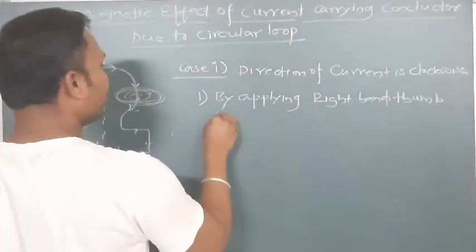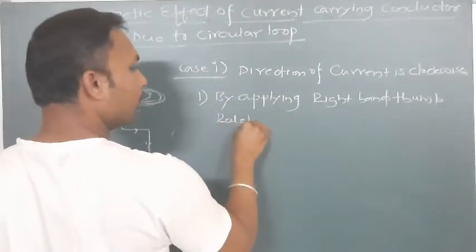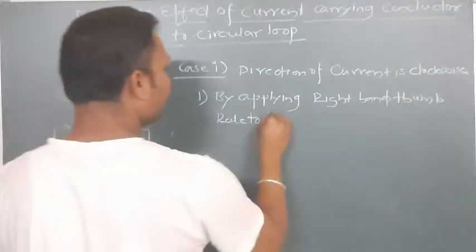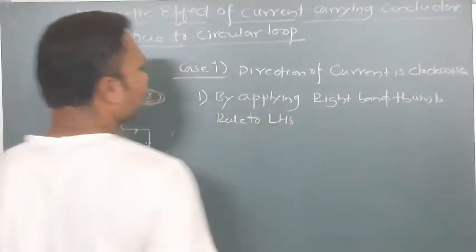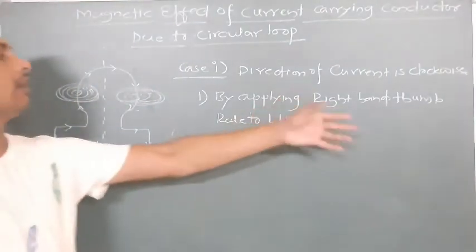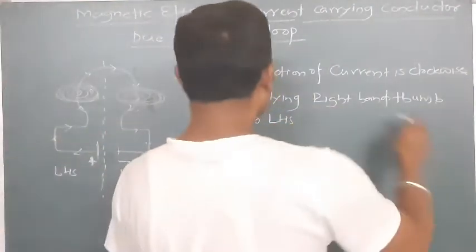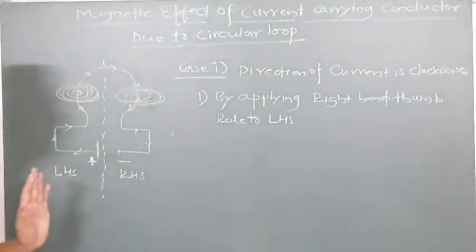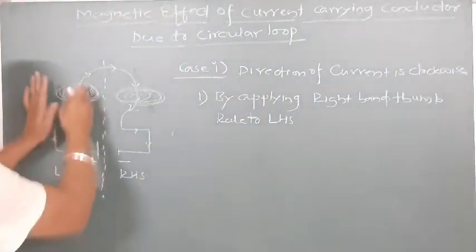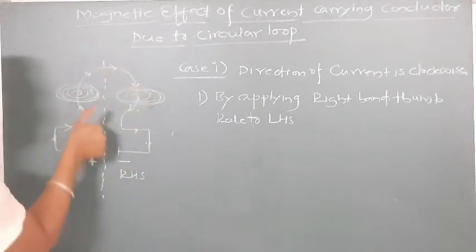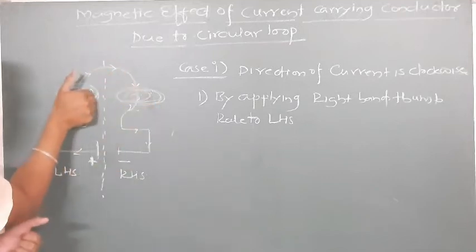Where do we need to apply it? To the LHS. Applying the right hand thumb rule to the LHS side. This is my right hand here. I'll apply my right hand thumb.